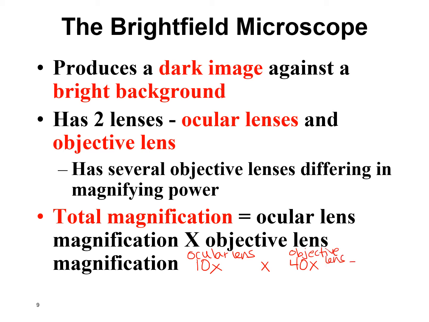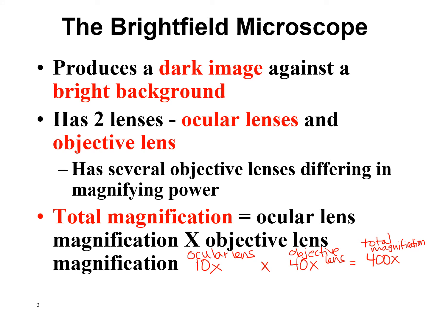So your total magnification of the image that you're looking at would be 400x. So the image that you're looking at is 400 times larger than the actual specimen.